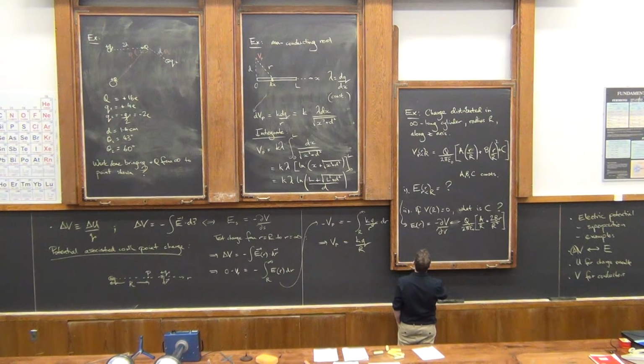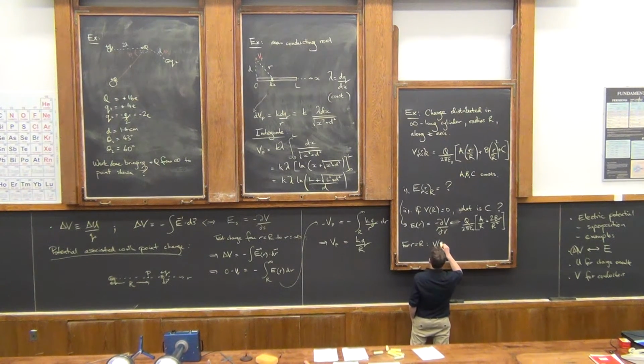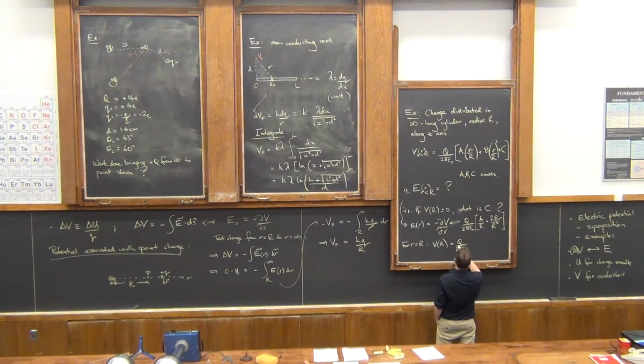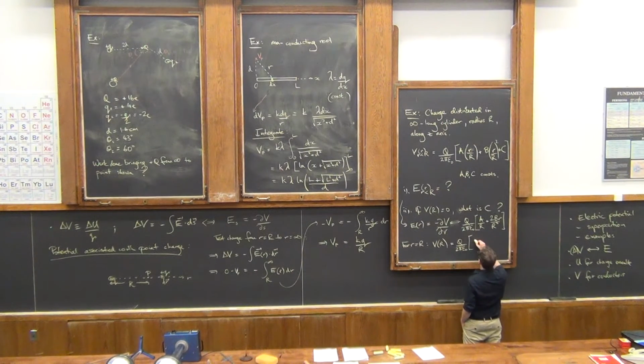So at the surface, for R equals big R, what's my potential here? So I've got V at big R equals U by epsilon. So what am I left with? I have A, obviously big R over big R, plus B, big R over big R squared, plus this.